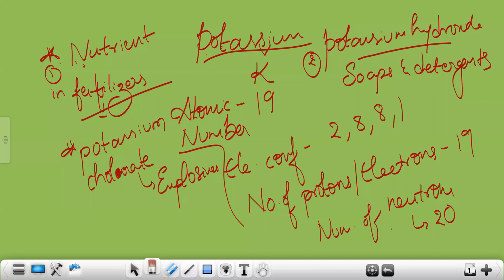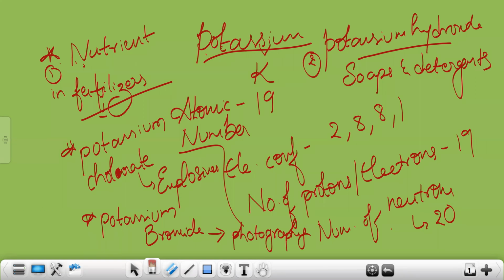And then potassium bromide, potassium in combination with bromide, is used in the photography industry.